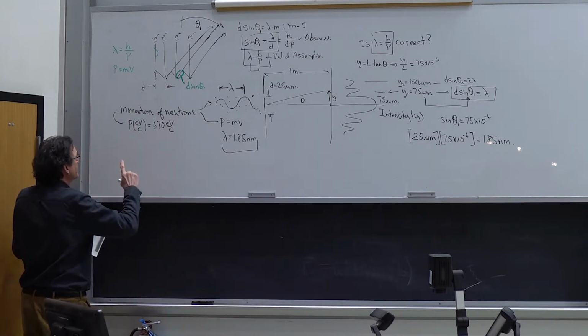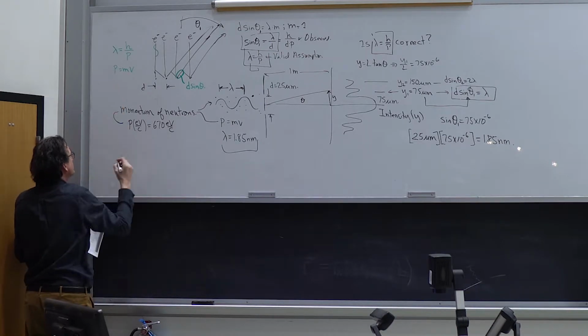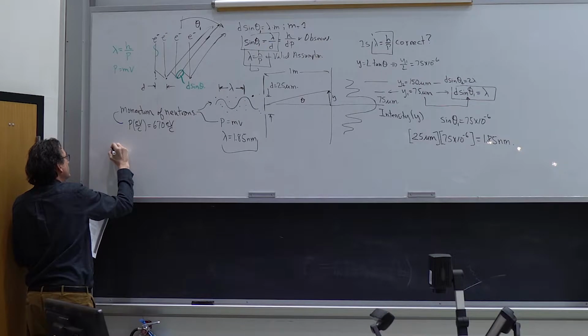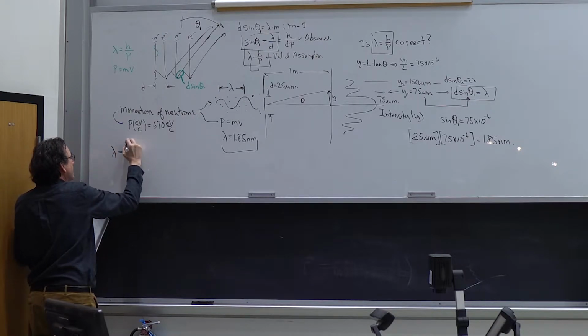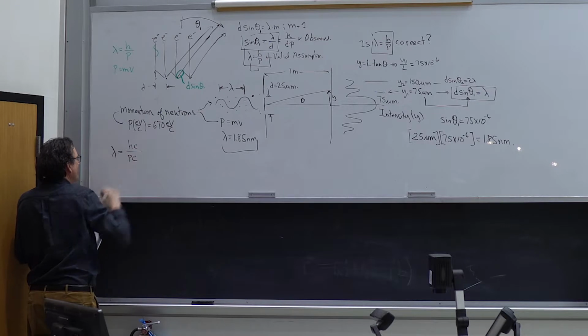So in any case, let's see how we actually use this equation. Lambda is equal to h over p. I'm going to multiply the numerator and denominator by c, so I get hc divided by pc.